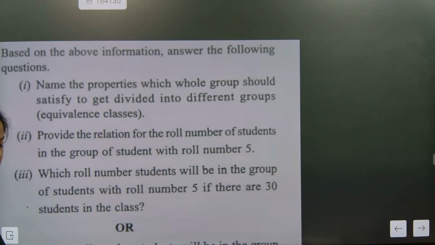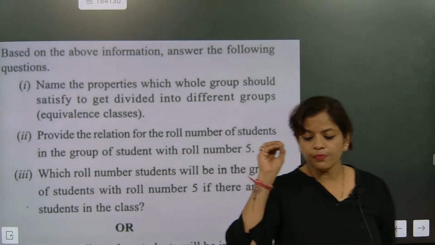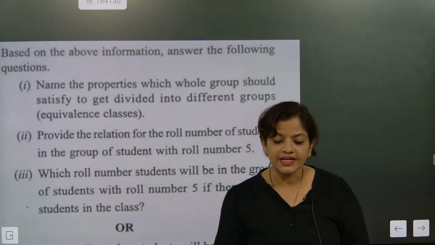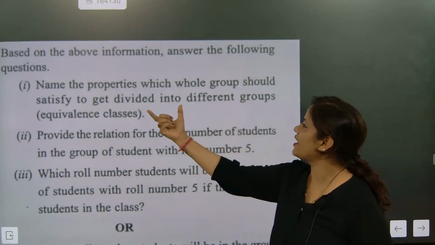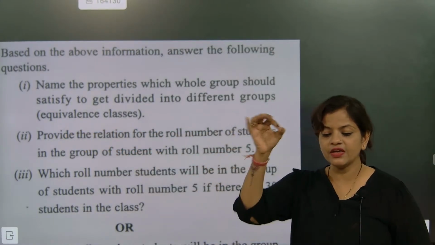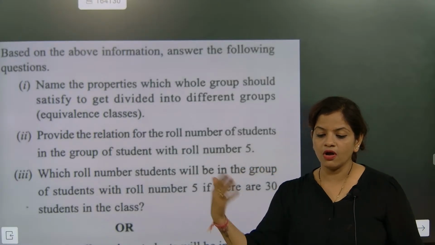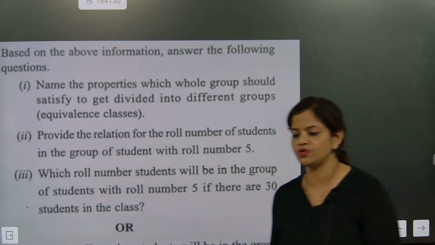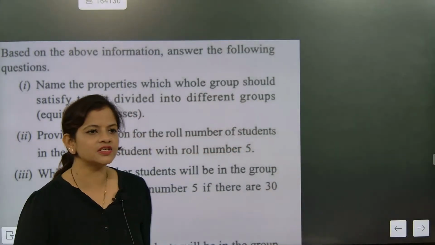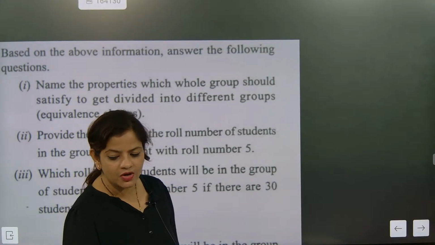Equivalence class. Which property is it going to satisfy to get divided into different groups? That is equivalence class. To get into equivalence class, which property do you have to satisfy? Come on, online children, answer.